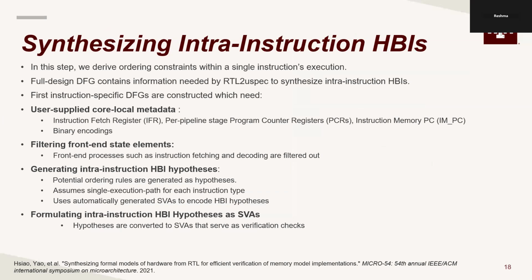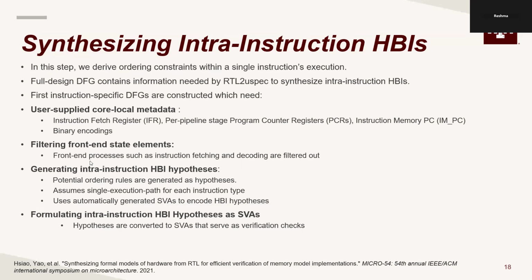inter-instruction HBIs. The goal here is essentially to determine the order of operations within a single instruction's execution. As we already discussed, we use a full design data flow graph to extract the necessary information, and constructing the DFGs requires user-supplied metadata, such as the instruction fetch register, program counter registers, and binary encodings, to name a few.